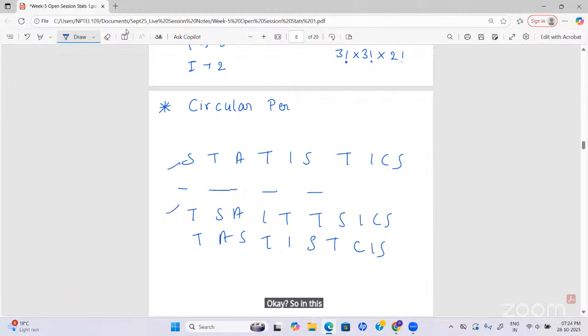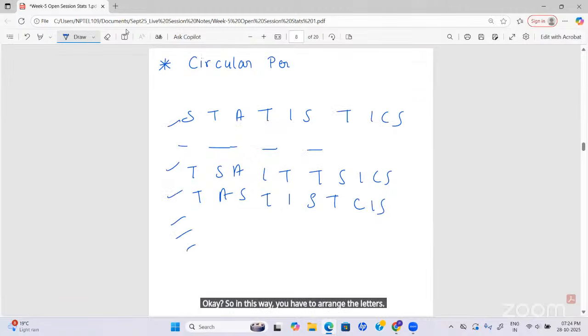In this way, you have to arrange the letters. A is coming 1 time only, and S occurred 3 times. So in this way, you have to arrange the letters and see how many arrangements can be there.